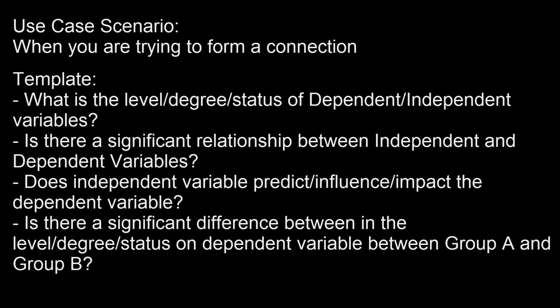Does the independent variable predict, influence, or impact the dependent variable? Or is there a significant difference in the level, degree, or status of the dependent variable between group A and group B?